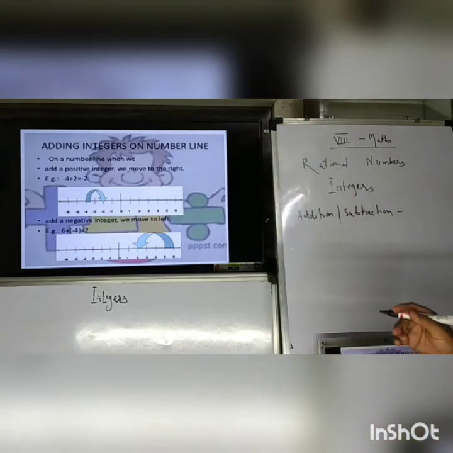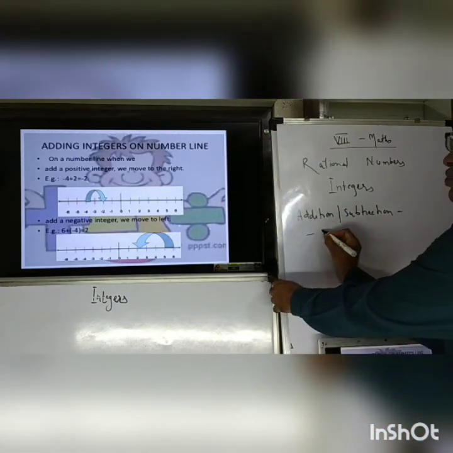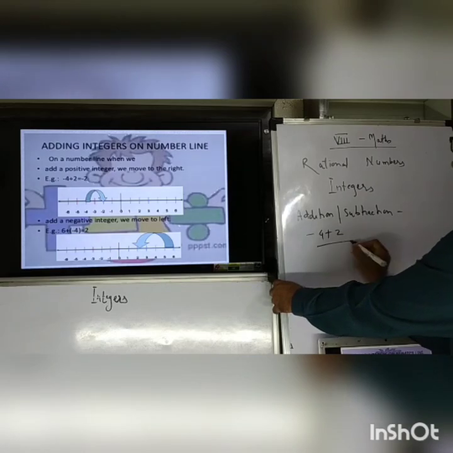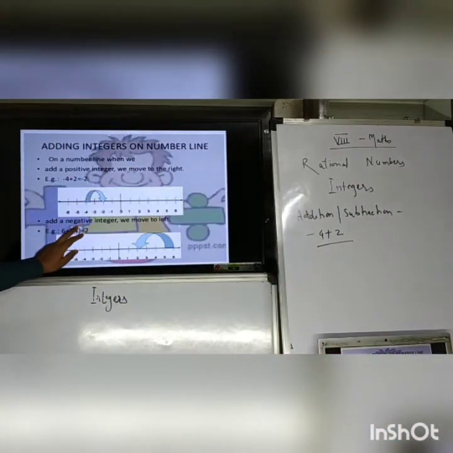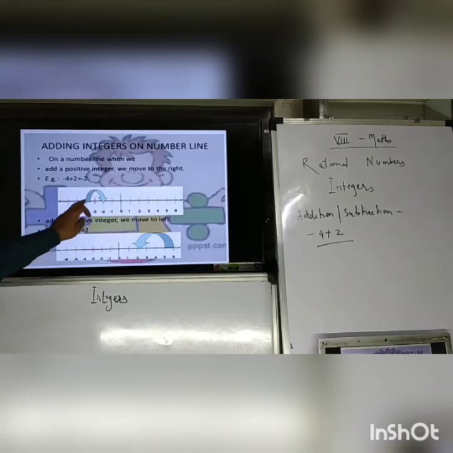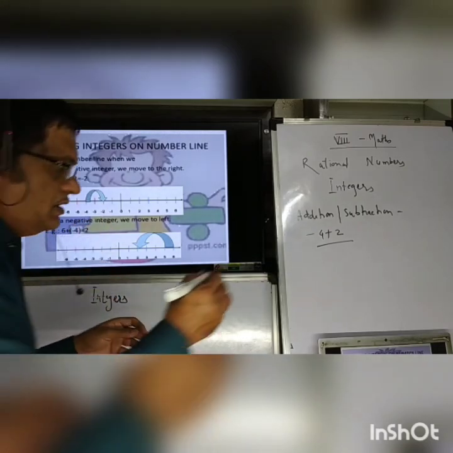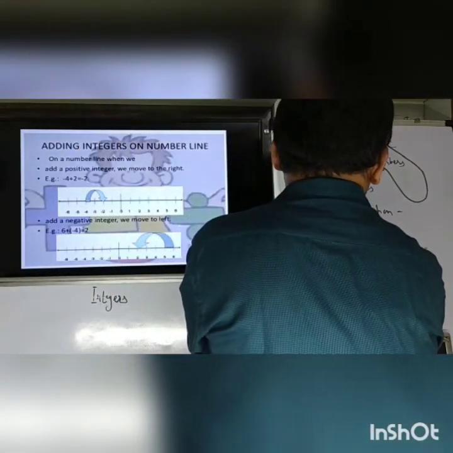Let us take one example, minus 4 plus 2. Minus 4 plus 2 means, first of all, we move to minus 4 and move 2 places toward the right. So minus 4, minus 3 and minus 2. The answer is minus 2.